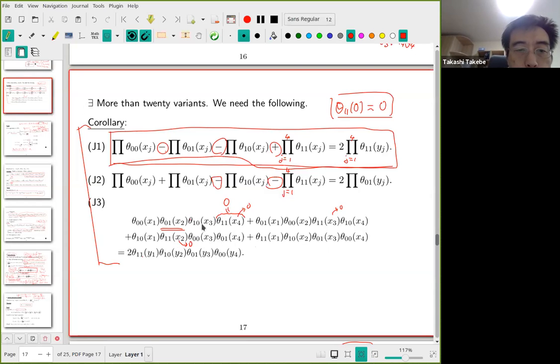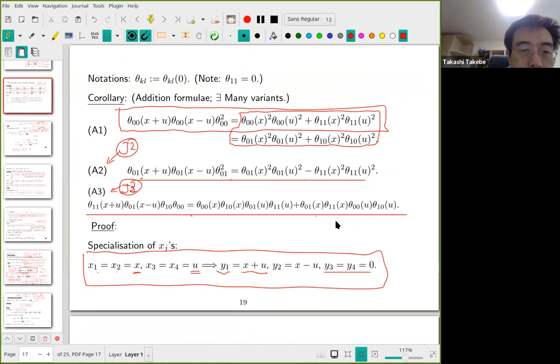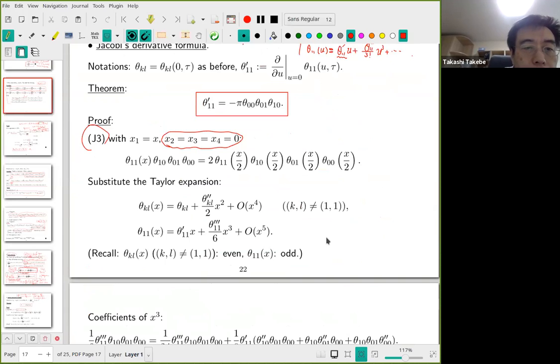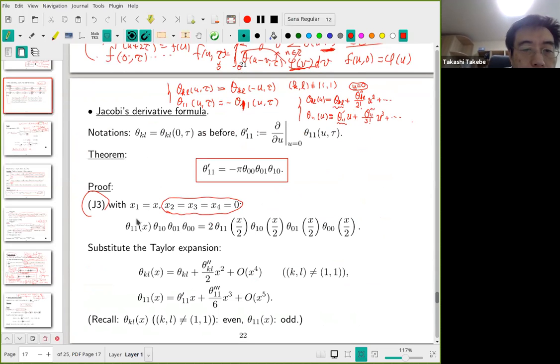So if we put x2, x3, and x4 to 0, then the only remaining term is this one. Well, this part remains, all terms remain, and if I fix like this, then all y_j is something like this.